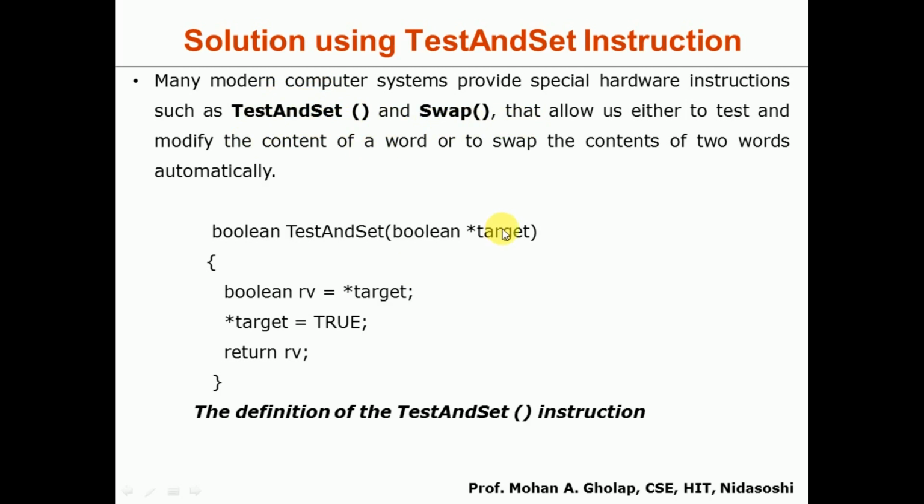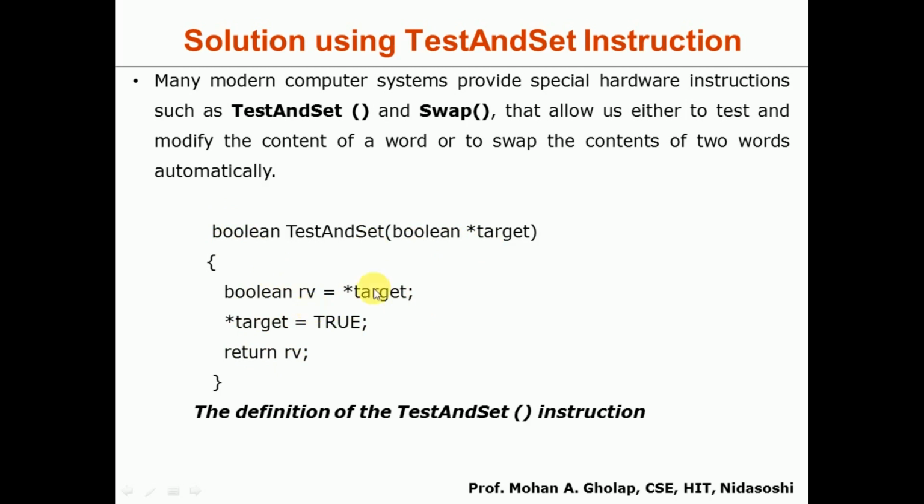The definition of the test and set instruction is like this. The test and set function takes only one argument of type boolean star target. Here we have boolean rv equal to star target, star target equal to true, and return rv. Return rv is nothing but a boolean value.